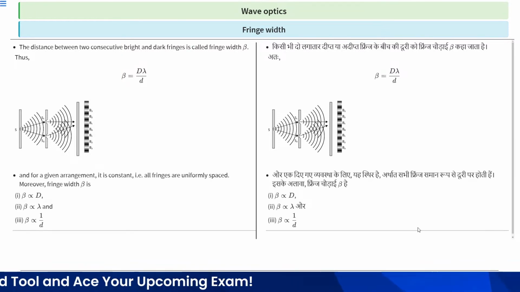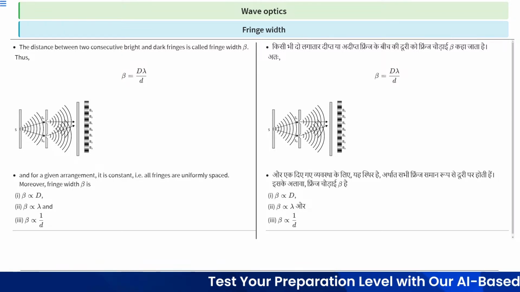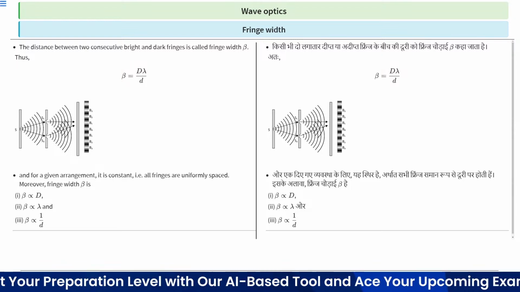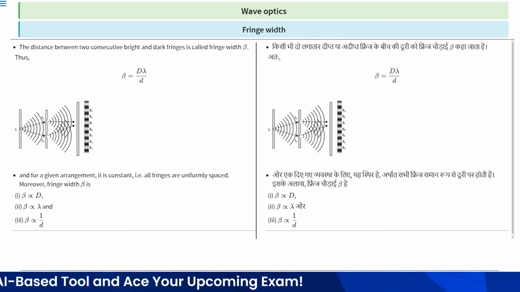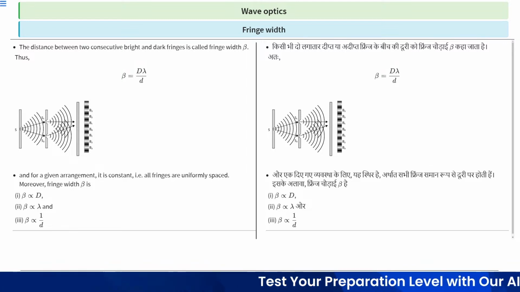For a given arrangement of S1, S2, screen and fringes, the fringe width is constant, and all the fringes are uniformly spaced. Moreover, the fringe width beta is directly proportional to capital D, beta is directly proportional to lambda, the wavelength, and beta is inversely proportional to small d, the distance between the two sources.